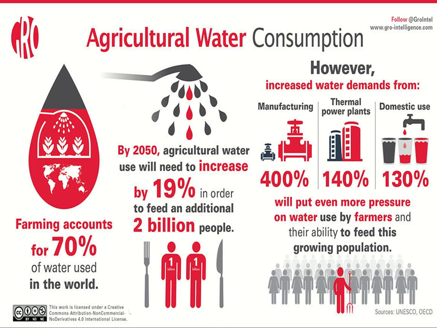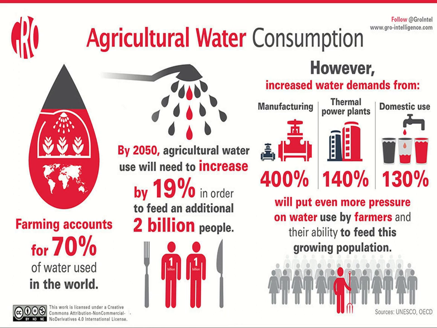But again, linking back to the start of this lesson, our population is increasing quite dramatically. By 2050, agricultural water use will need to increase 19%. So not only is it already 70% of the world's water, it will have to further increase by another 19% in order to feed the additional 2 billion people we're going to have.